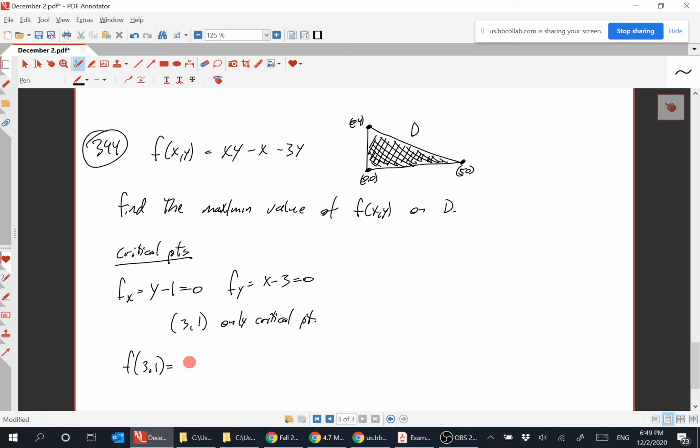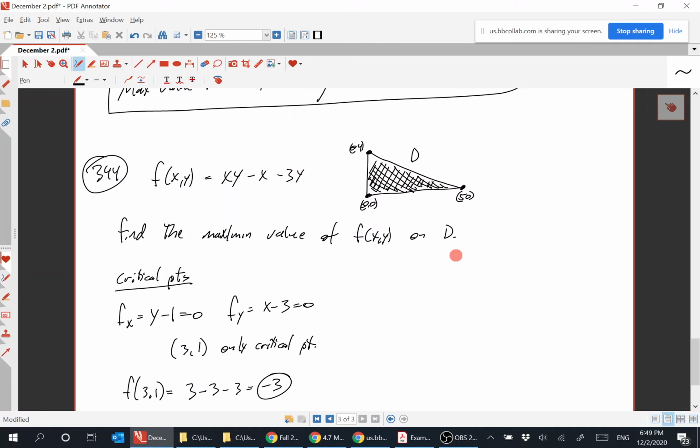And what do we have? 3 times 1 is 3, minus 3, minus 3 is minus 3. Okay, so at the one critical point, let's make sure that's actually in the interior. So 3, 1. Where is that point actually?